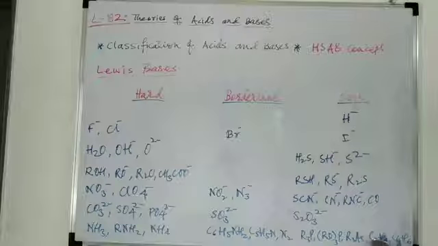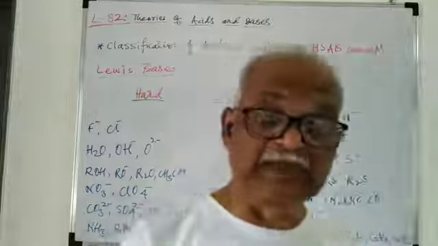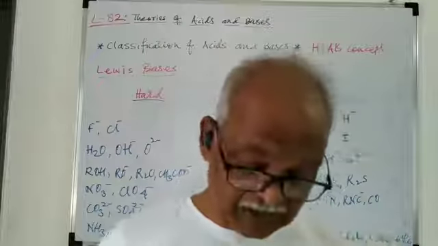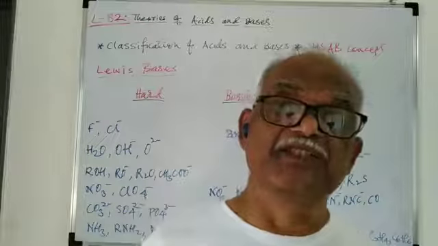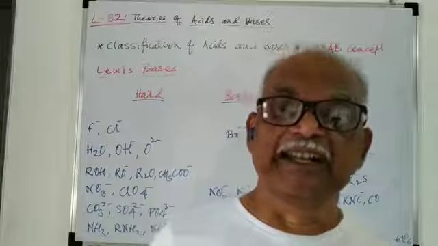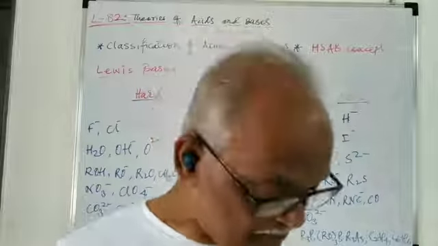Here As, the P. These indicate that these are softer Lewis bases. This type of classification will help us to interpret various reactions and which are the active groups in organic synthesis, organic reactions or inorganic reactions.